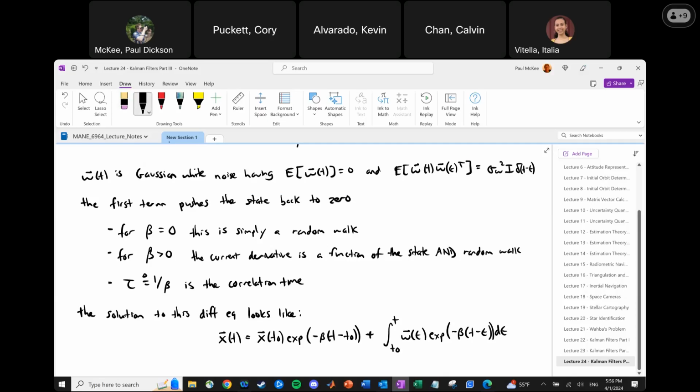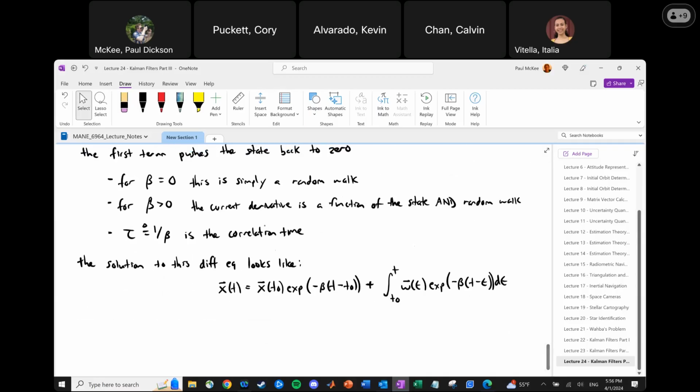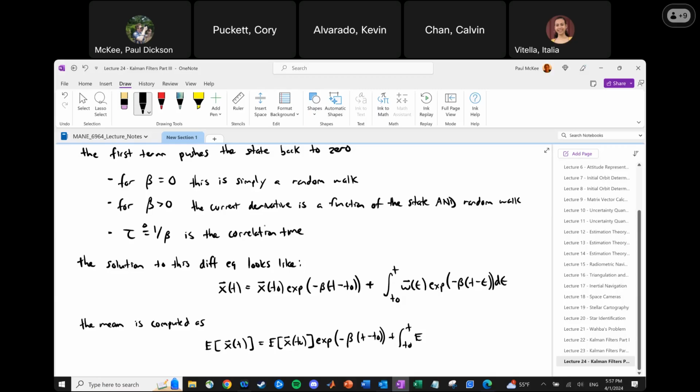All right. And if we wanted to compute the mean, just FYI, the mean or the expected value of the solution to this first order differential equation is computed as the expected value of x of t is the expected value of x of t naught times, this is where exp is not expected value, it's the exponential function, just want to be clear about that, of negative beta times (t minus t naught), plus the integral from t naught to t, expected value of noise, maybe you can guess what's going to happen to that in a minute, times the exponential function of negative beta times (t minus epsilon) d epsilon.